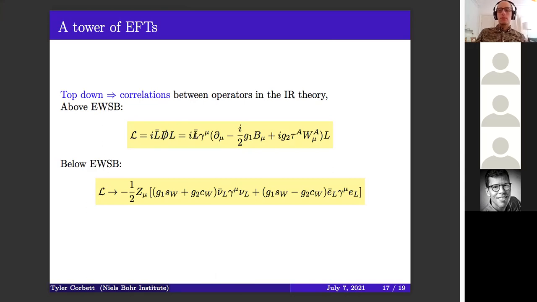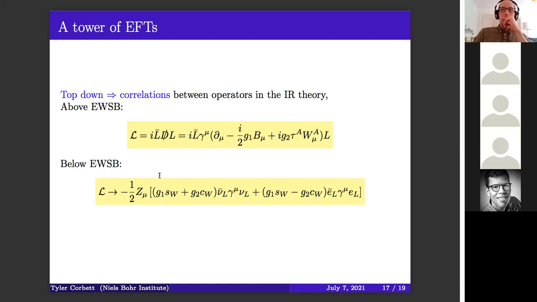Above electroweak symmetry breaking, it looks like this. You've got B fields and W fields. Below electroweak symmetry breaking, I expand in terms of the VEV and the components of these. And it implies, for example, the interaction between the Z boson and neutrinos and electrons. It implies there's a correlation between these interactions.